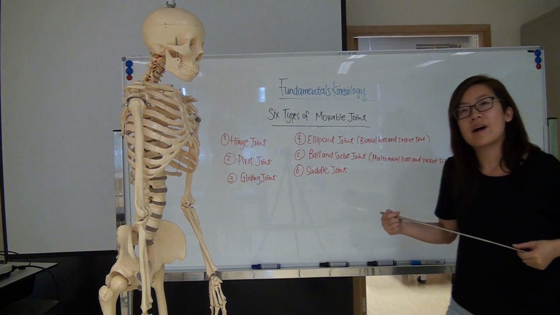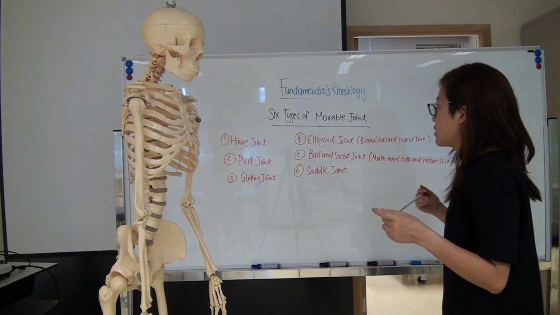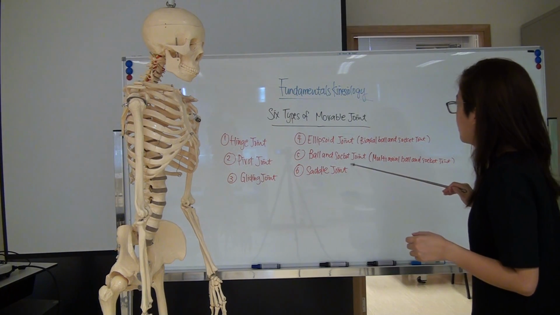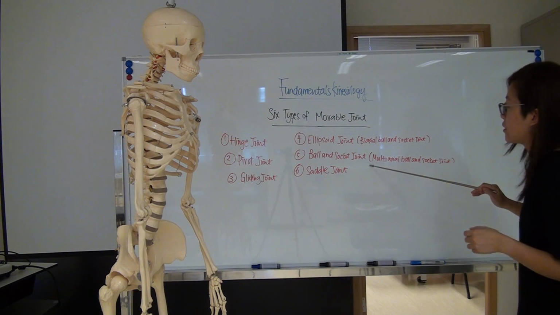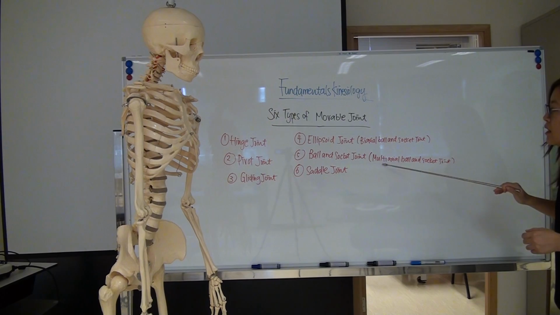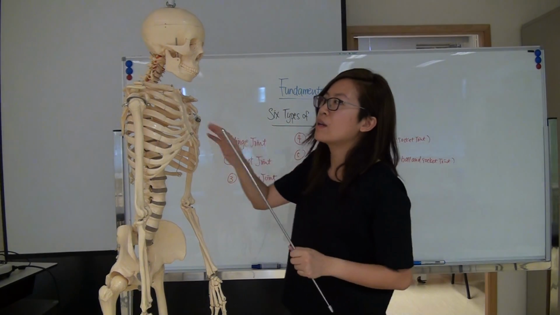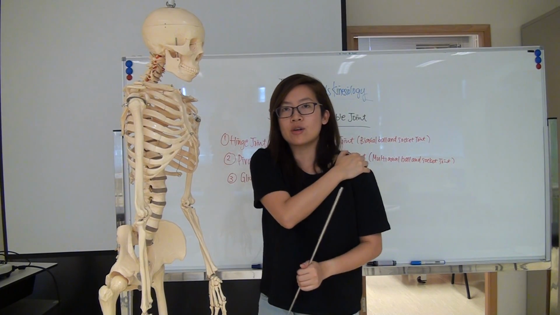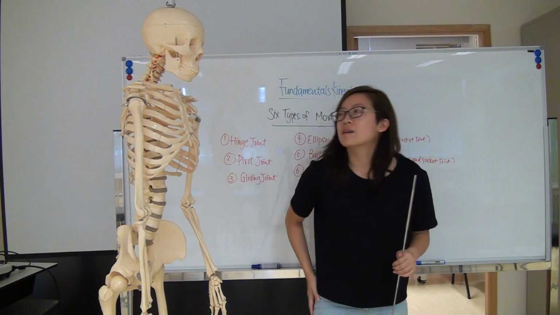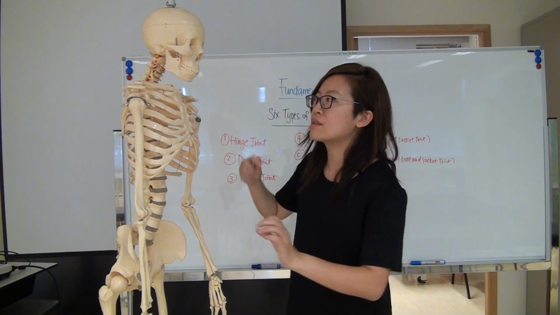The 5th type of joint that I'm going to cover is the ball and socket joint, also referred to as multi-axial ball and socket. In our body, our shoulder and hip are ball and socket joints.